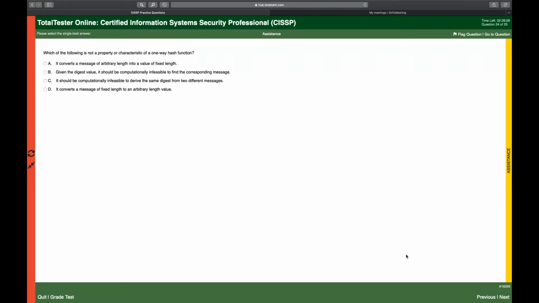Number 24, which of the following is not a property or characteristic of a one-way hash function? Okay, I'm ready.